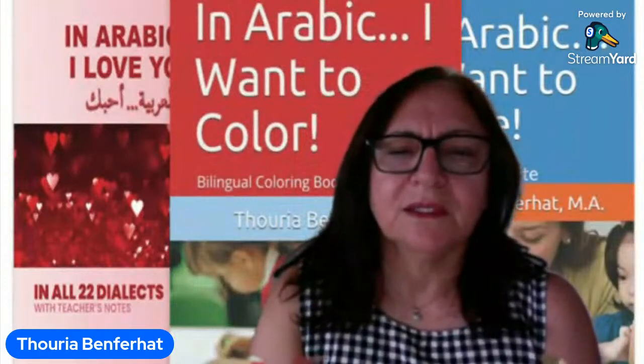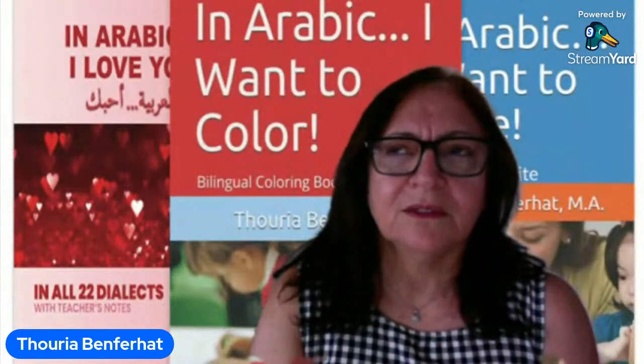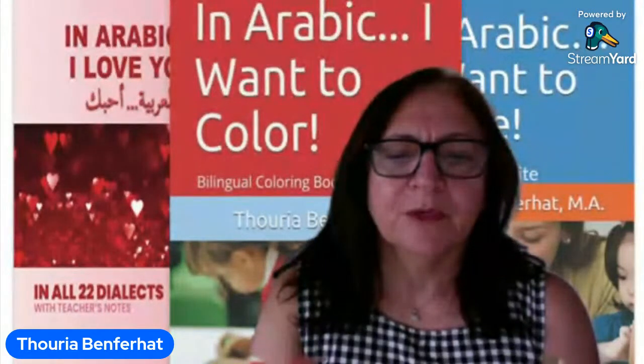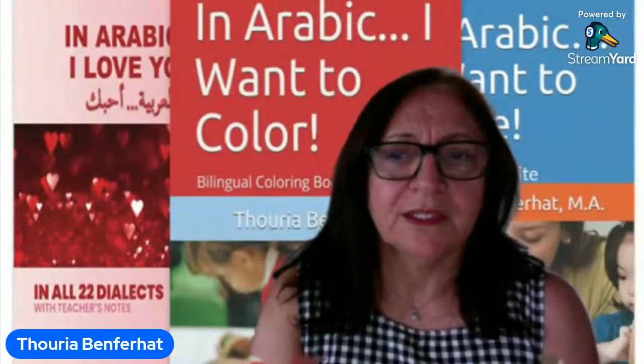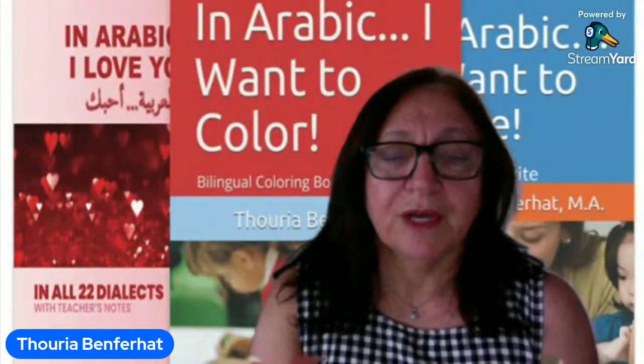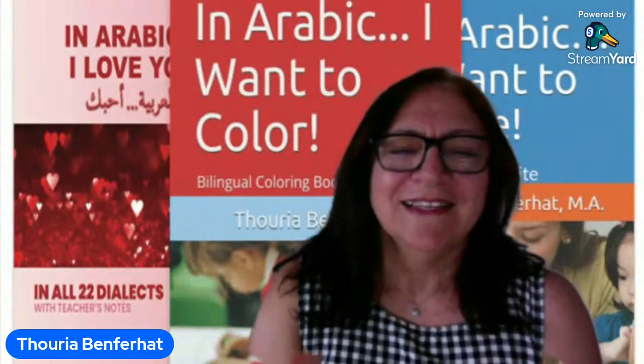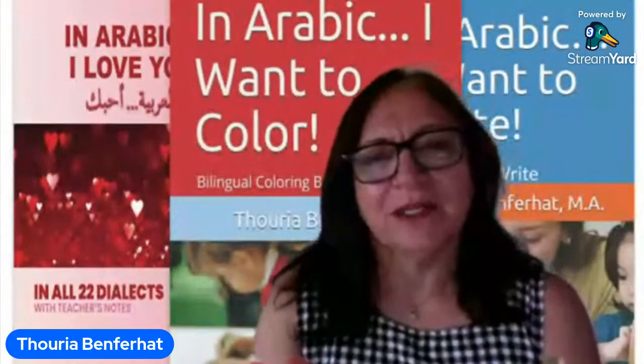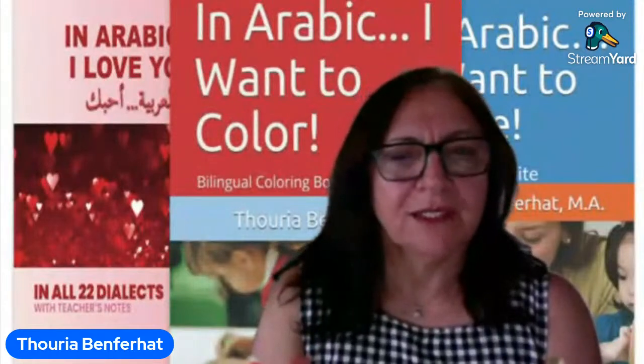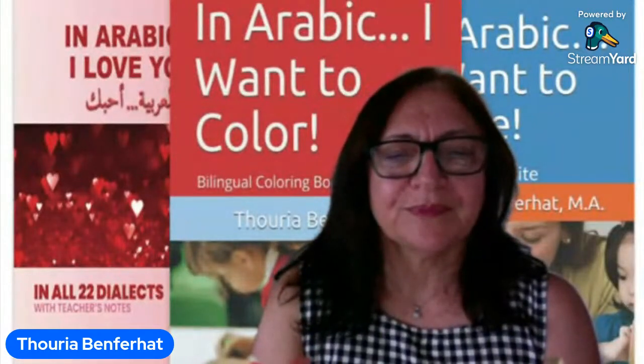What else? Something else that someone asked about. Someone was looking at a newspaper and they didn't see any short vowels. So the reason for that is that in Arabic, we usually don't write the short vowels.